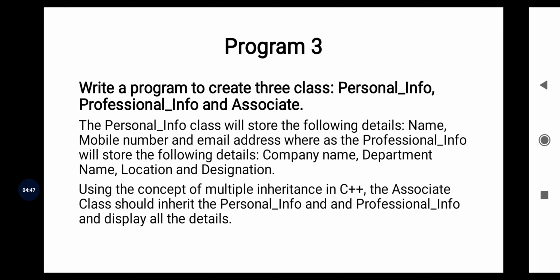So the associate class should not have any attributes. Only the personal info and the professional info should have the attributes. So this is also very simple, and using these 3 programs you would be able to write programs for inheritance: multi-level, single, with private and protected inheritance, and multiple inheritance.